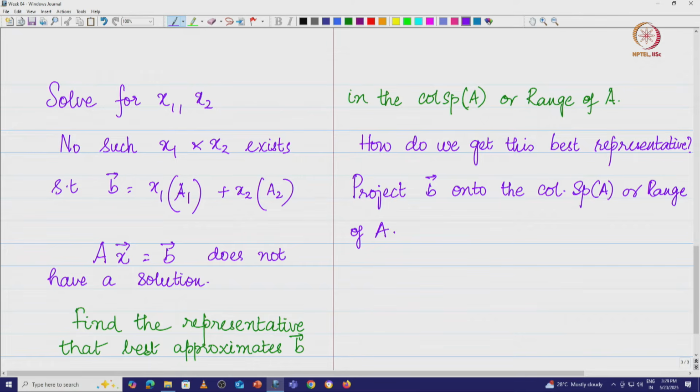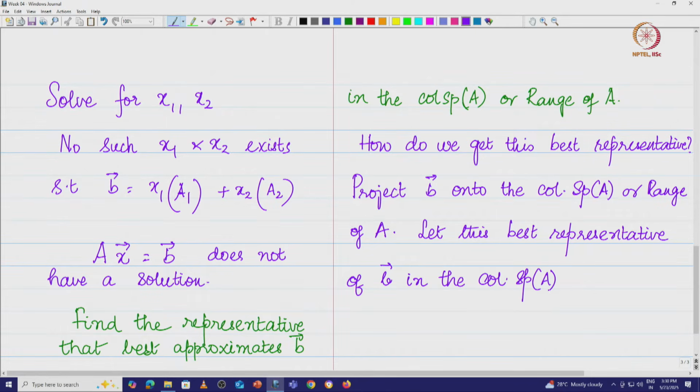Now the moment you find this projection, let this best representative of B in the column space of A be denoted as B hat. Fantastic.